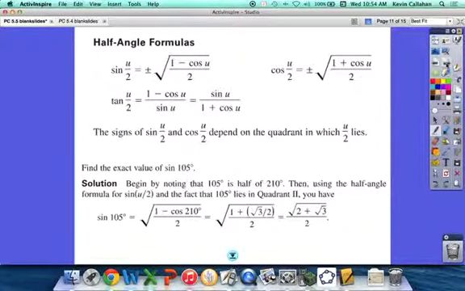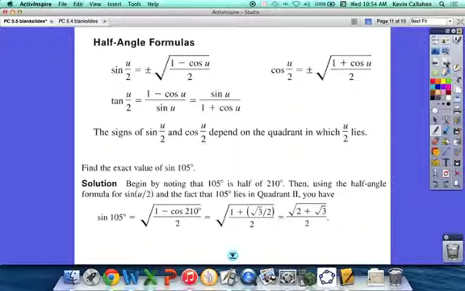If it was 2 times 105, it'd be 210. Is 210 a unit circle angle? Yeah, so you'd go like this. The sine of 105 equals, and then you use the formula, and then inside of the radical, it's going to be 210, which is something you can deal with. You can turn it into unsimplified square roots, and it will be exact.